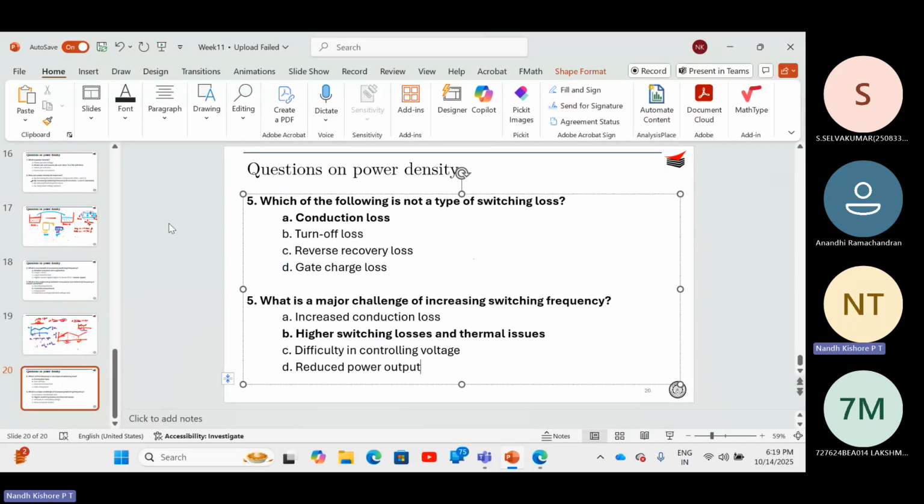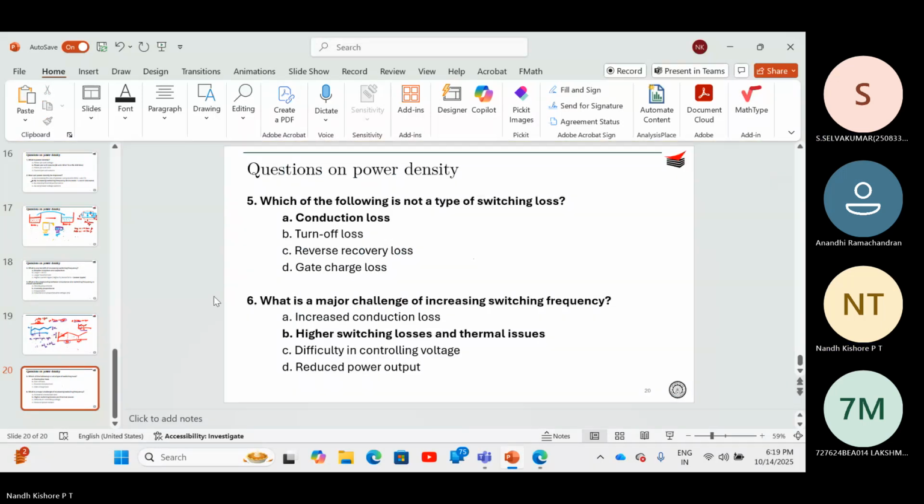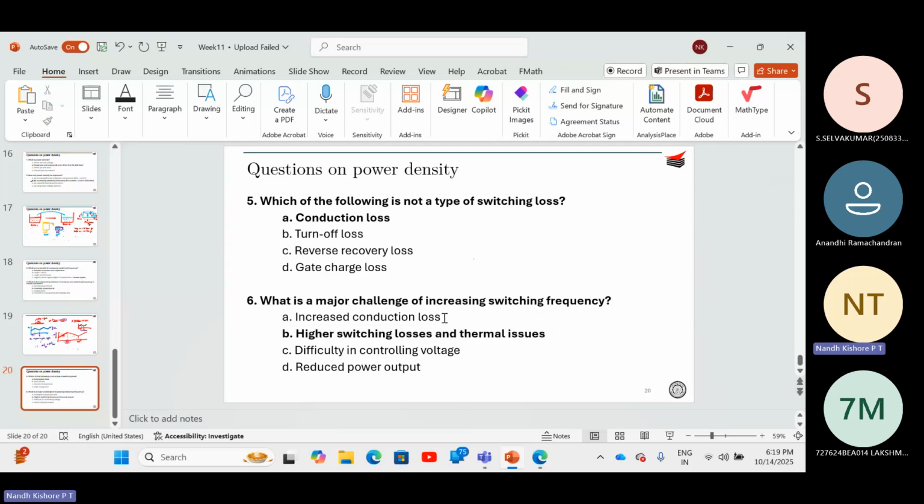Which of the following is the answer for question number 6? B, right. As switching frequency increases, your switching losses will increase, because switching loss is proportional to switching frequency. This is something we have seen multiple times.